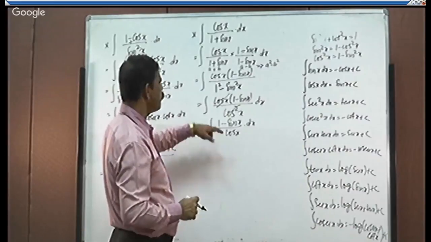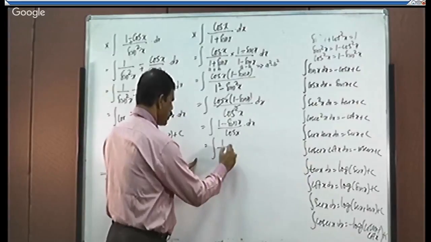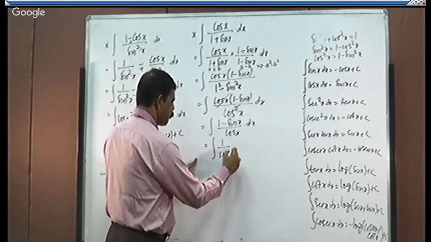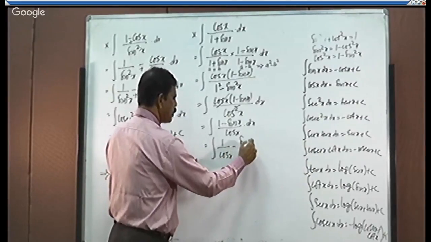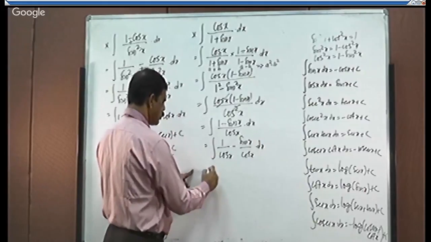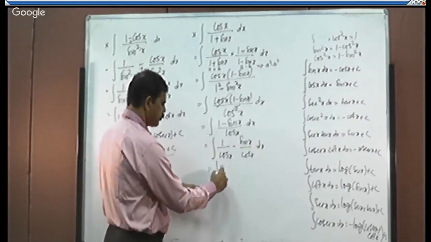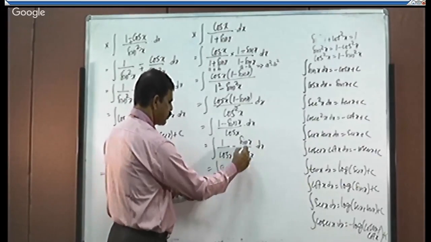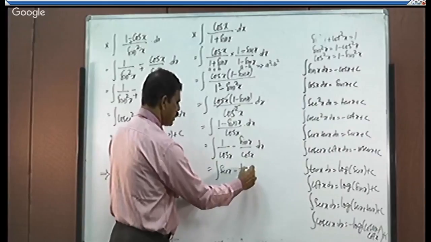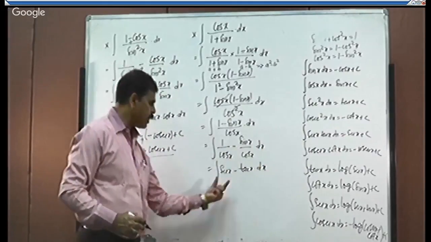Now, again it is like the previous example. 1 by cos x minus sin x by cos x. According to the trigonometric formula, 1 by cos x is what? It is secant x. Minus sin x by cos x is tan x into dx.